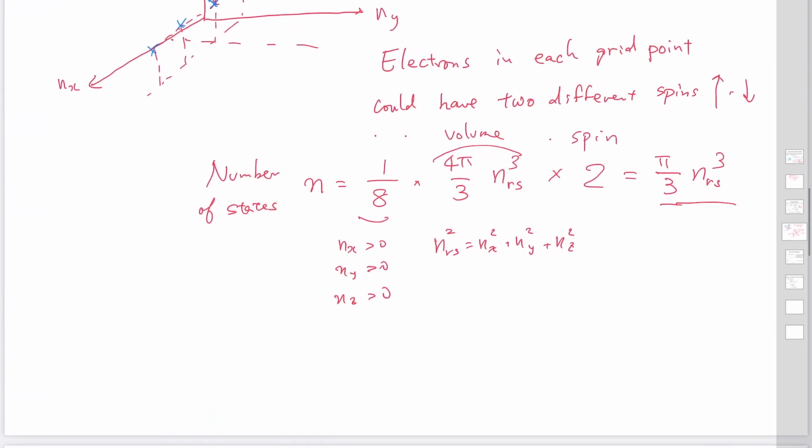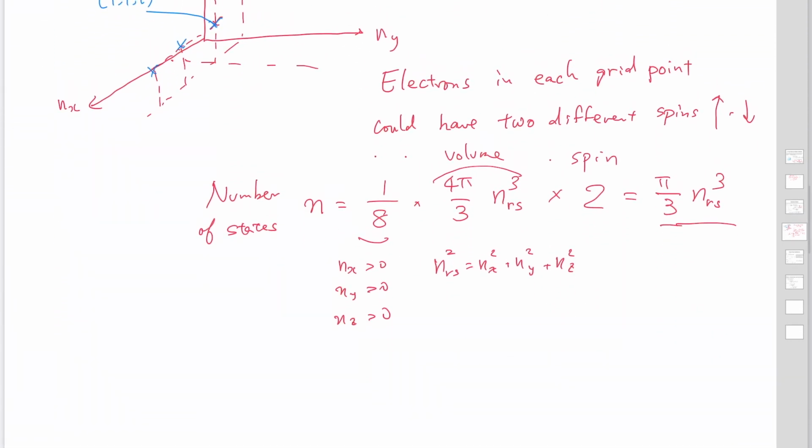So in terms of n_rs, you can find the energy is pi squared h bar squared over 2m L squared times n_rs squared. So from this, n_rs is the square root of 2m L over pi h bar times E, to the power of 1 over 2.